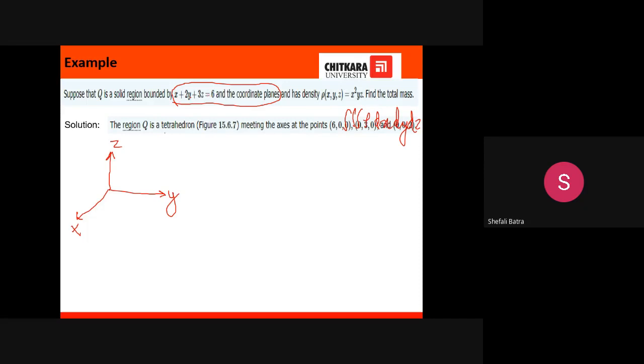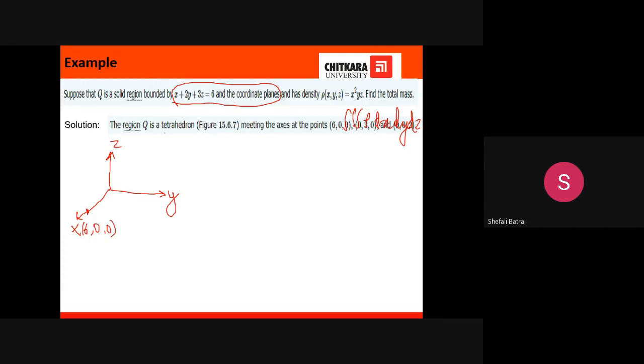If I put y and z both 0, then what will be the point we'll get on the x-axis? Put y and z as 0, because on the x-axis y is 0 as well as z is 0. So when we put y 0 and z 0, x would be 6. So this point will be 6, 0, 0.